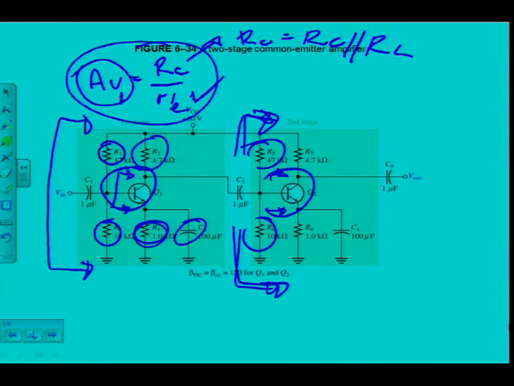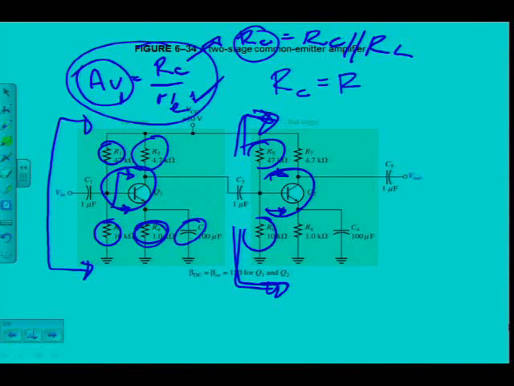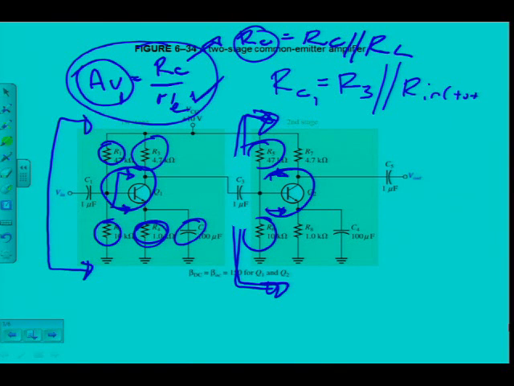At the top of the line RC, which in this case is R3, is there a load resistor? There's not a load resistor, but there's a second stage, which has an input resistance. So my first stage sees this input resistance as the load. So I have to go and calculate RC, but in this case R small c is going to be R3. This is RC1, R3 in parallel with R in total of my second stage. Does it make sense? That's the only thing that differs.